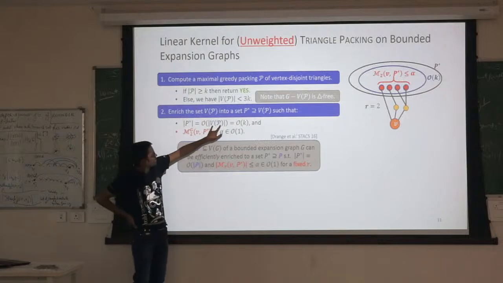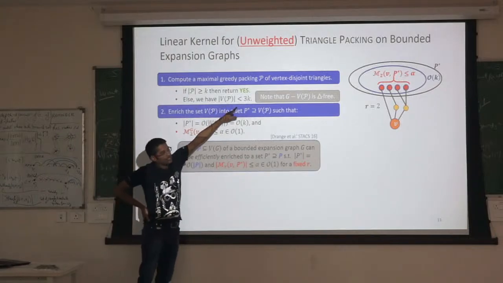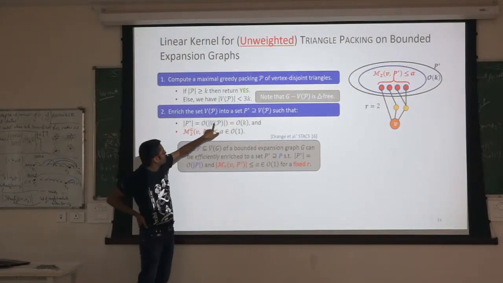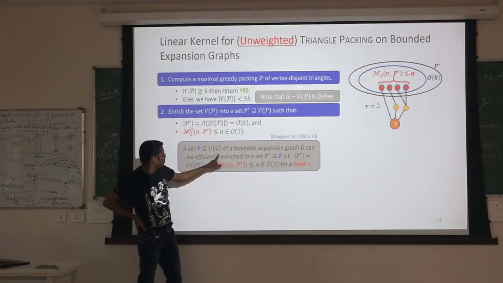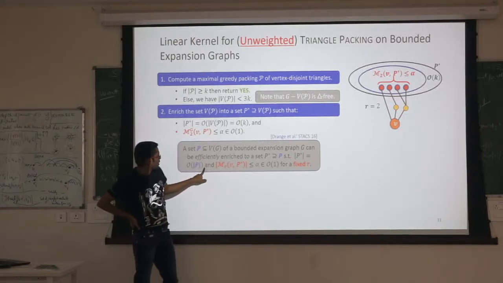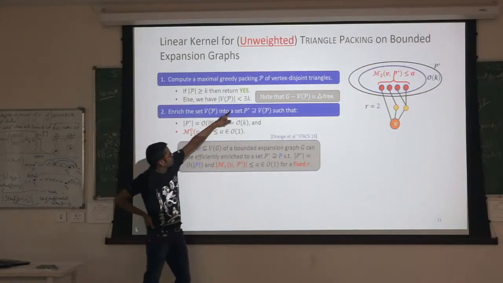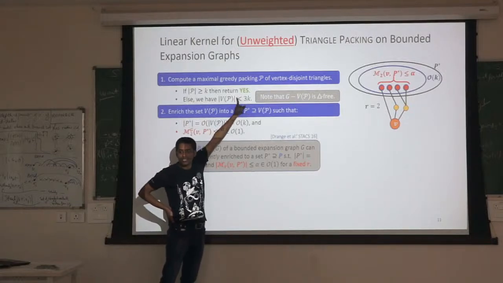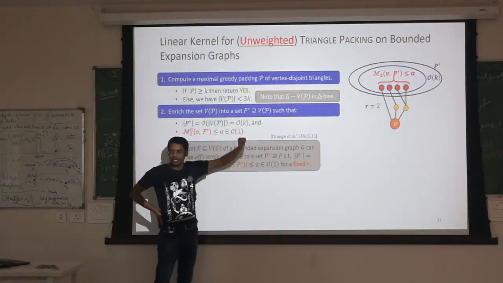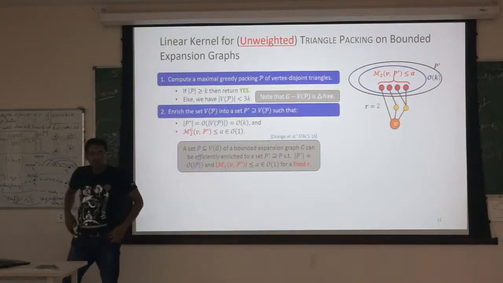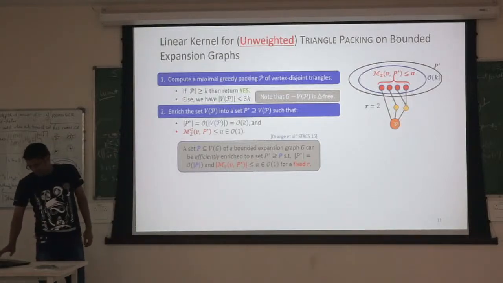What was the size of P? 3k. You start with a set P, and it gives you something which is a constant times the size of P. So you already have 3 times k, and again one more constant, so 3ck.